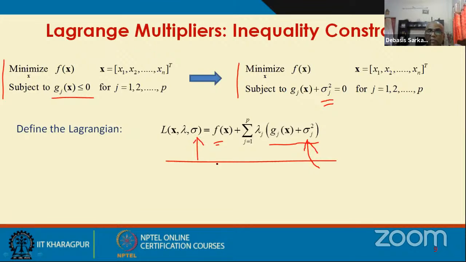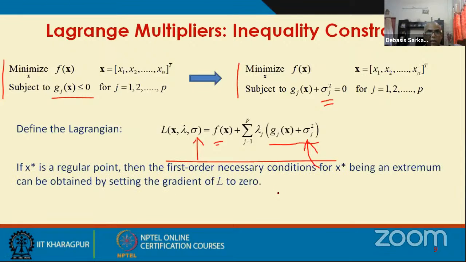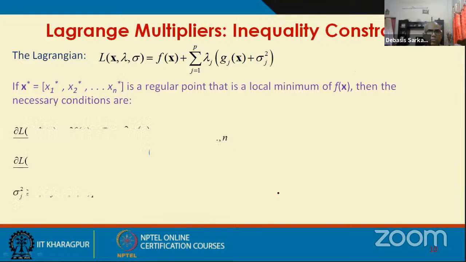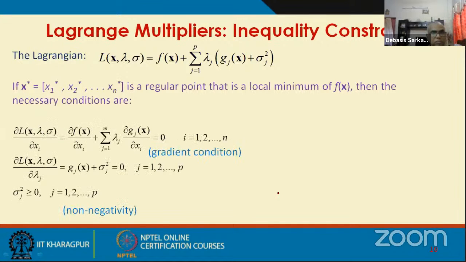So now you have to set del L del x, del L del lambda, and del L del sigma equal to 0. So you will have all these three partial derivatives of the Lagrangian. So you'll have del L del xi equal to 0, del L del lambda j equal to 0.